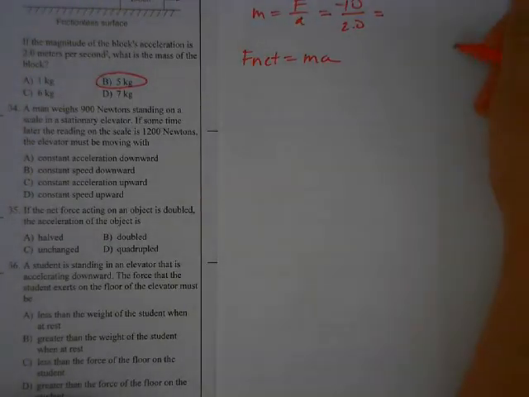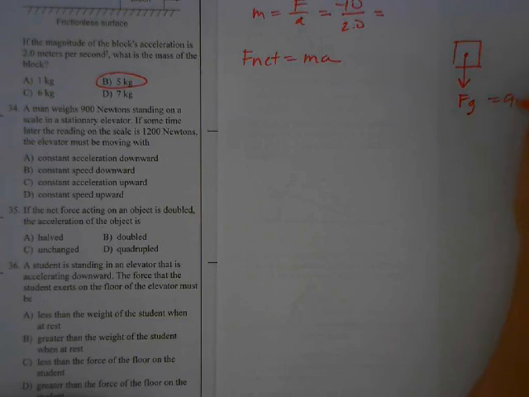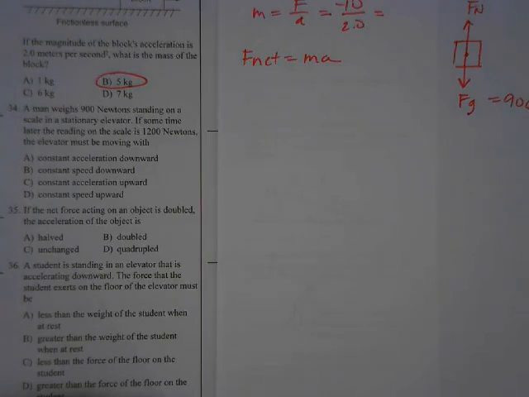He has his weight acting down, which they already told me is 900, and then the normal force acts up. If it's not moving, the reading on the scale is really the normal force.